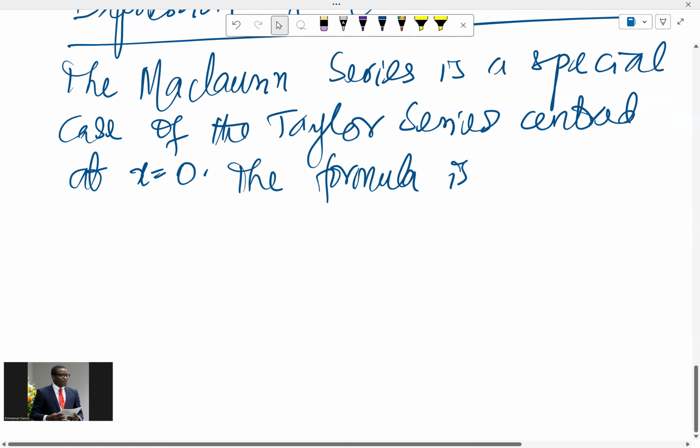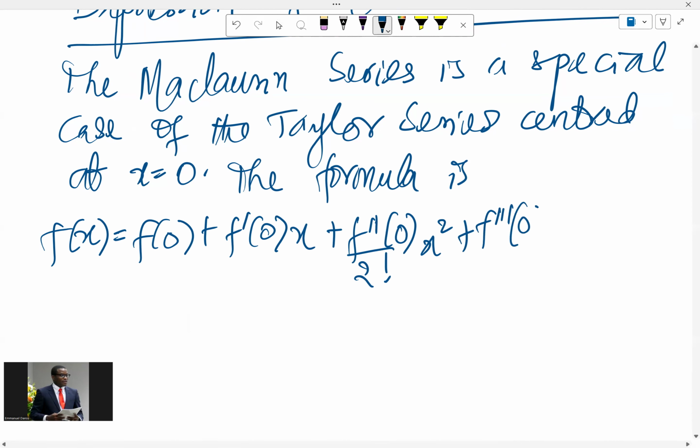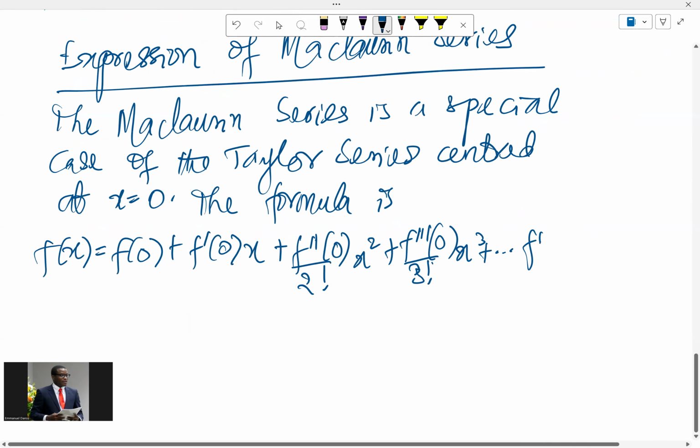Okay, the formula is, as you can already expect, anywhere you have a, 0 takes over. So you have f of x equals f of 0 plus f prime of 0 x. The center is 0, so x minus a is x minus 0, so it's still x. Then you have f prime prime of 0 all over 2 factorial x squared plus f prime prime prime of 0 all over 3 factorial x cube, plus it goes on, and you can talk about f n of 0 over n factorial x raised to power n, and it goes on forever.